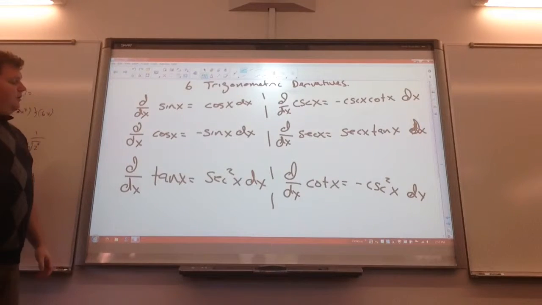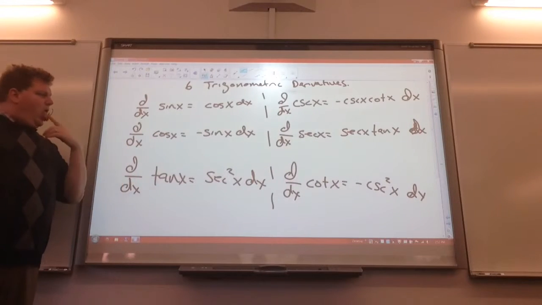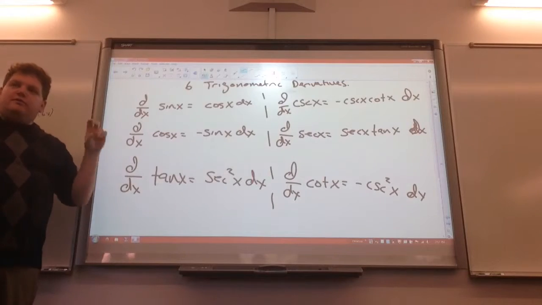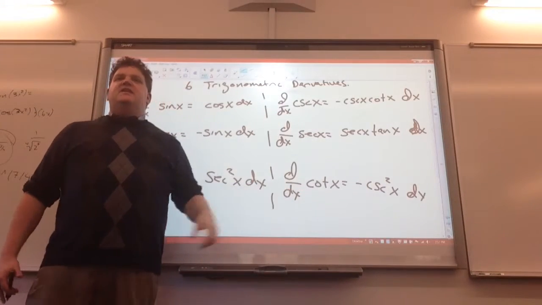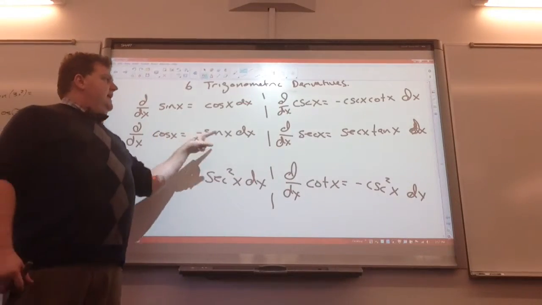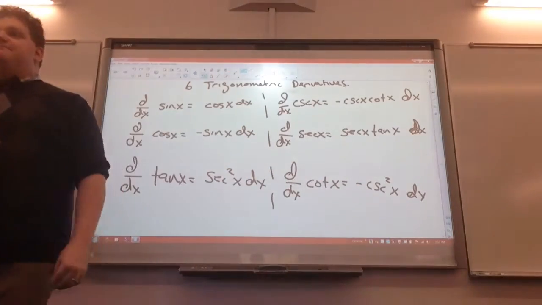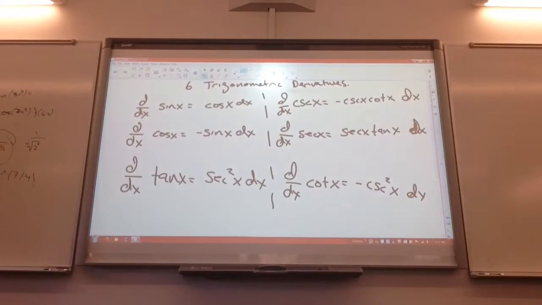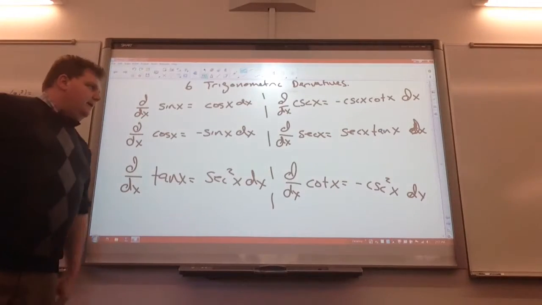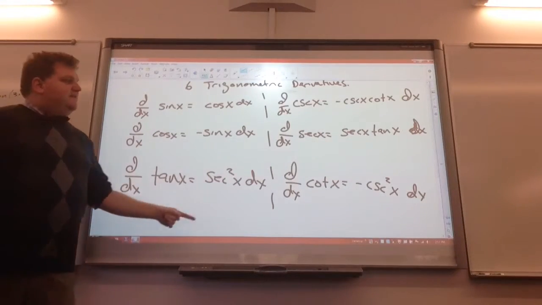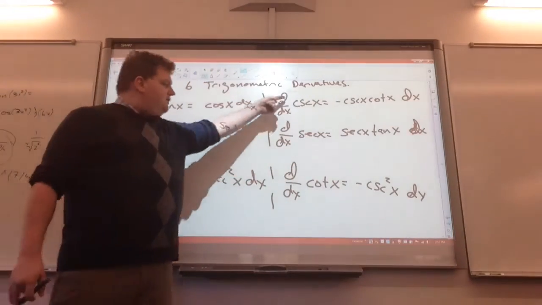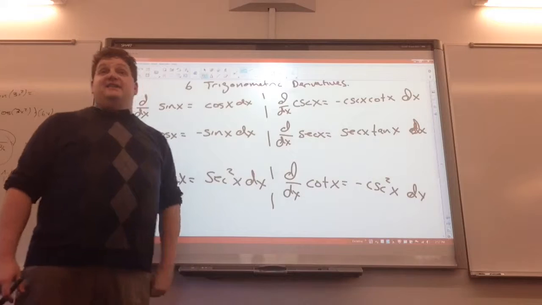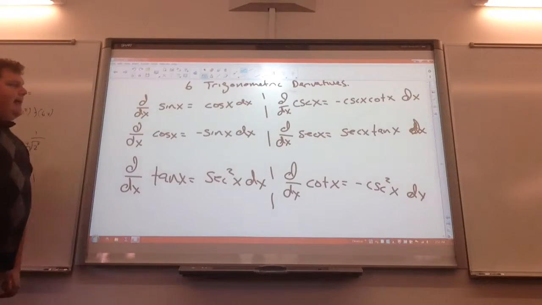But notice here, if it starts with a co, cosine, cosecant, cotangent, the answer has a negative sign in it. The tangent and the secant go hand in hand, just like the cosecant and the cotangent go hand in hand.